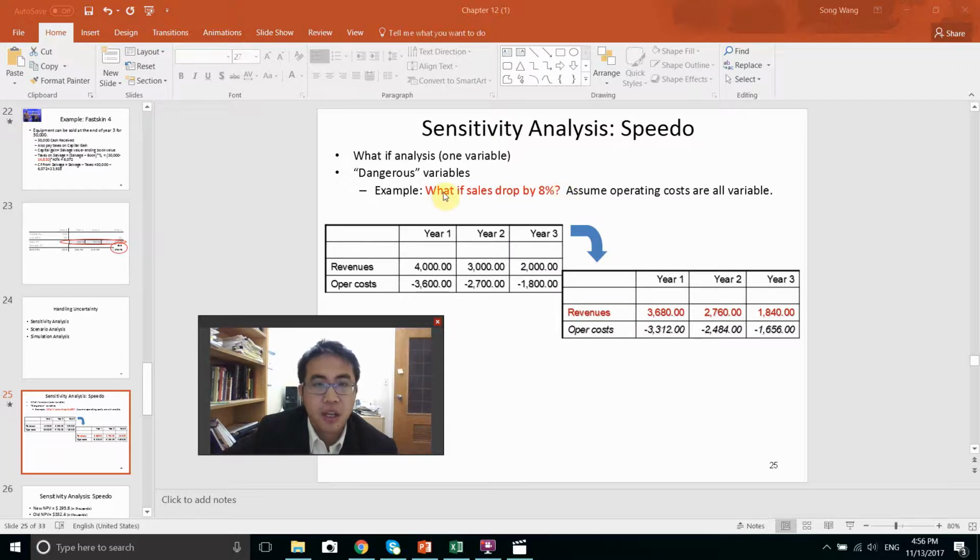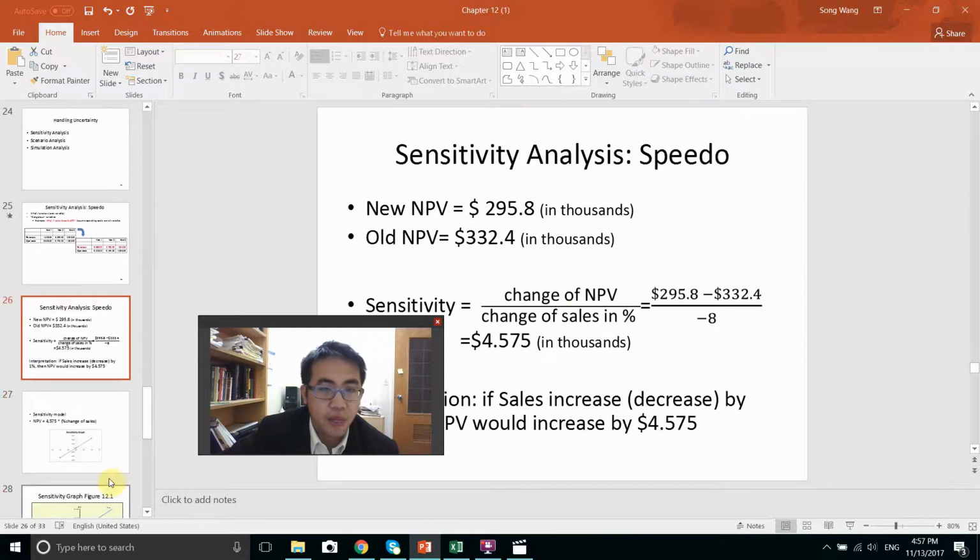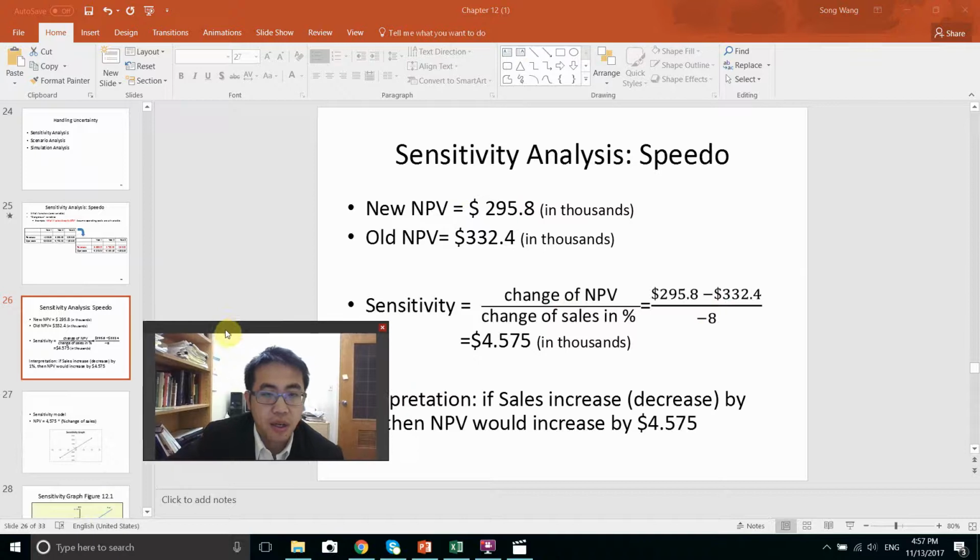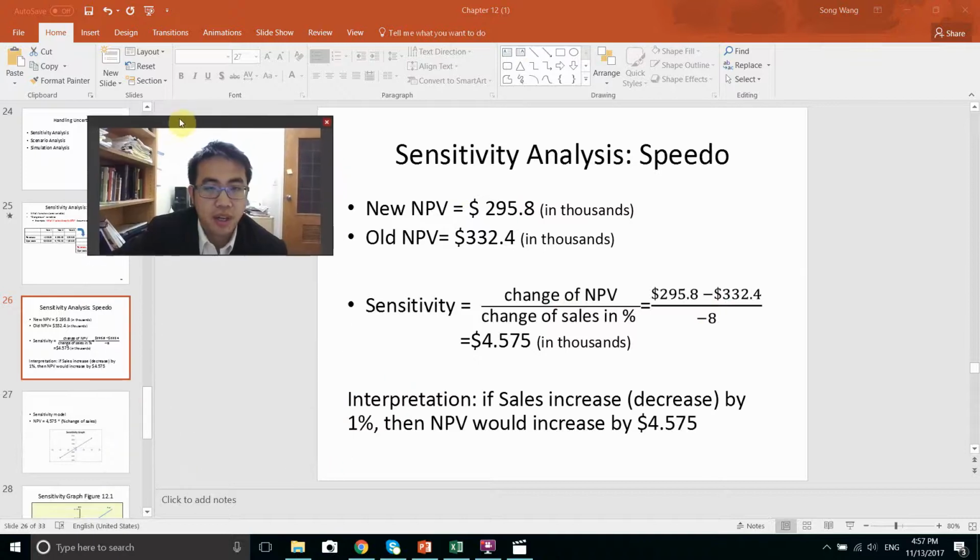For example, in the Speedo case, if the sales drop by 8%, the first year revenue, which is sales, would drop to the new level, 3,680. And then the second year, a drop by 8% would also be a lower number in dollar figures. And then based on everything, I would end up with a different NPV.